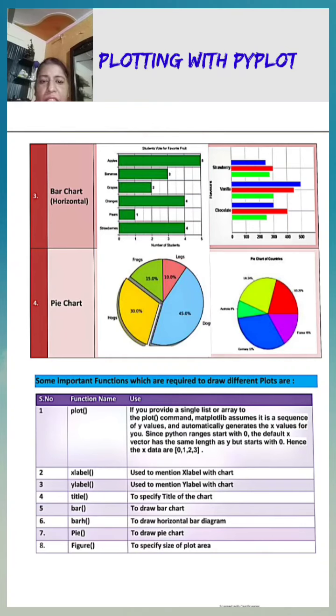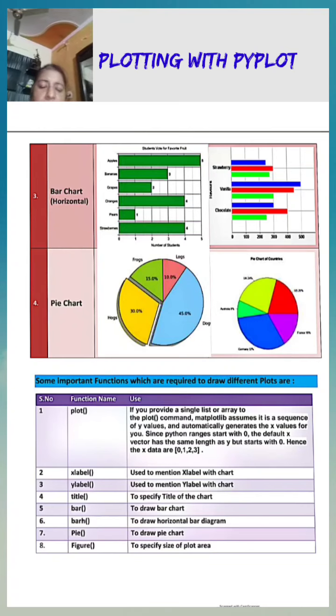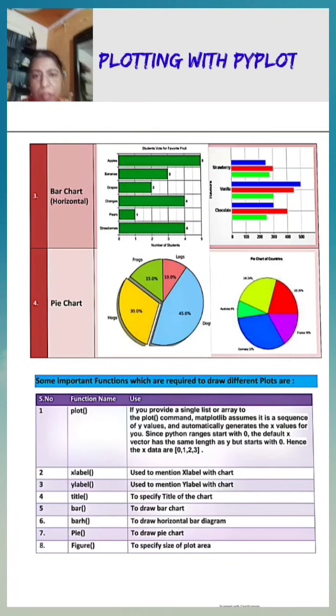In Python, we can easily create these graphs with very little code. You simply type 3 or 4 lines of code and you will get these charts. Clear? We can customize these charts according to our requirements. First, when we execute the 3-4 lines of code, the chart will be created very easily, but that chart may not meet all our requirements.